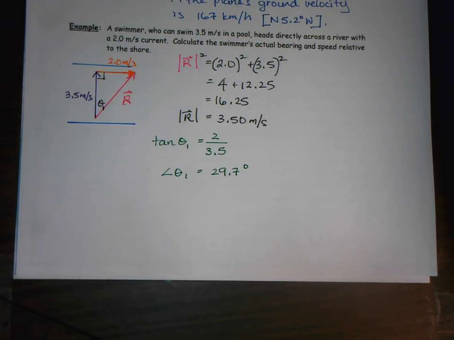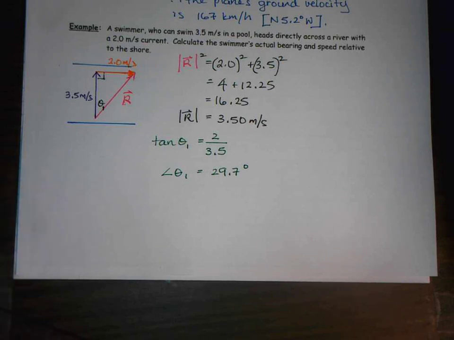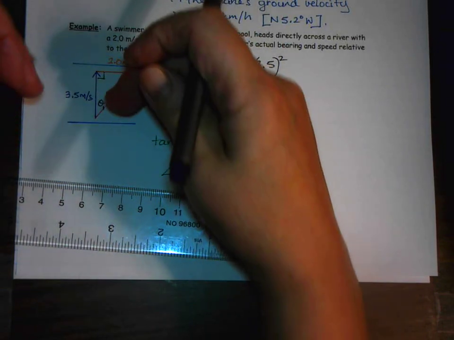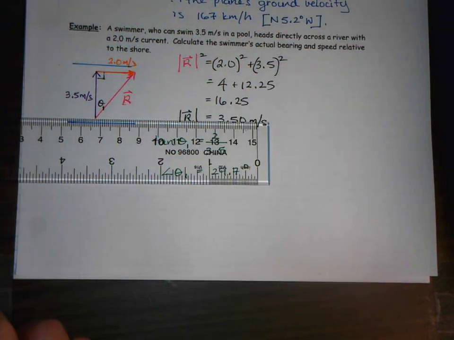Now, in order to conclude, we're going to talk about the angle relative to shore. So the angle that we're actually interested in is this angle over here. If you could picture this whole thing shifted down, I'm going to redraw the shore.